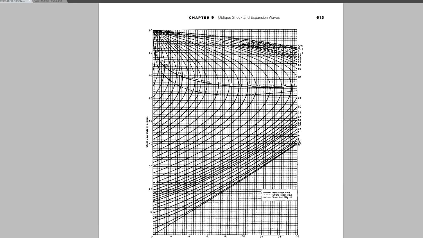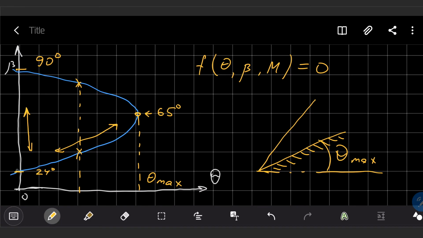And the maximum value of beta which we can have is something close to 65 degrees. So when we optimize from the point of view of the beta angle, we work between 24 and 65 degrees. When you solve the theta-beta-M relation, of course your solution cannot be complex, it should be a real number.